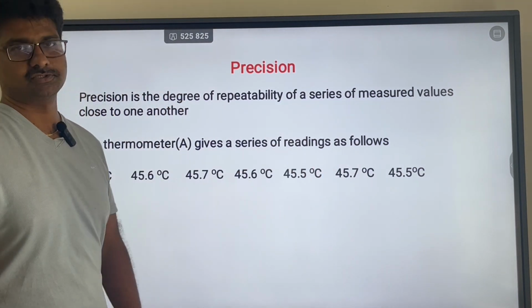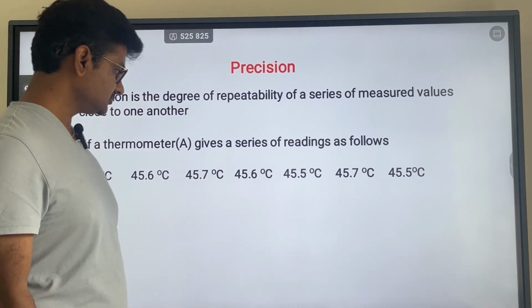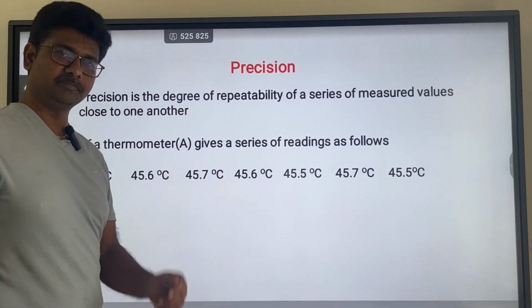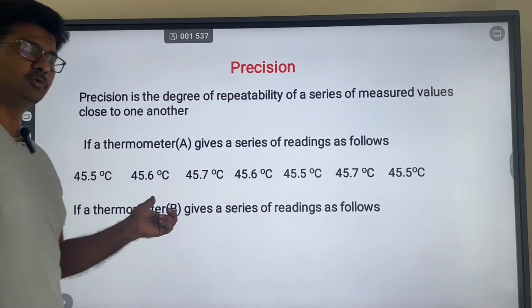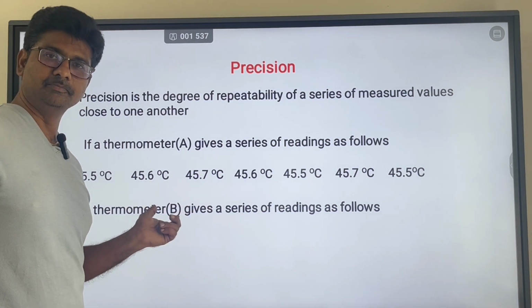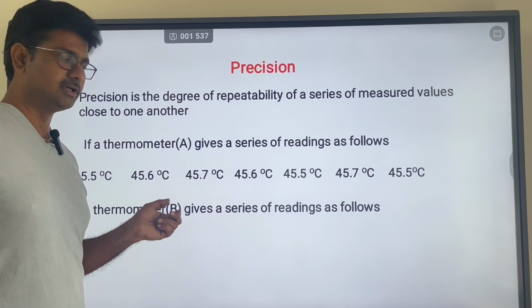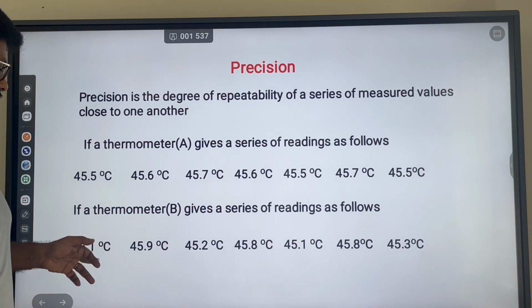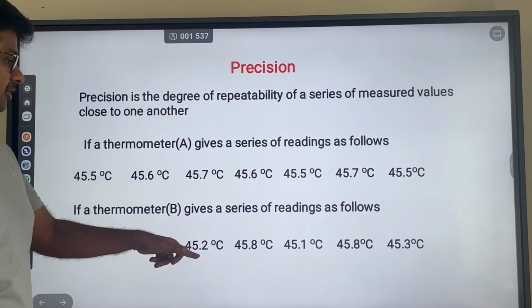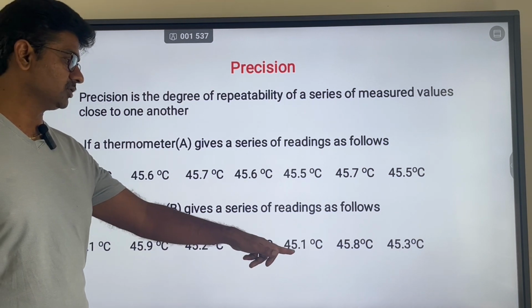Now these are the values we are getting with thermometer A. Similarly, you have one more thermometer, thermometer B, and you are getting values like this: 45.1, 45.9, 45.2, 45.8, 45.1.